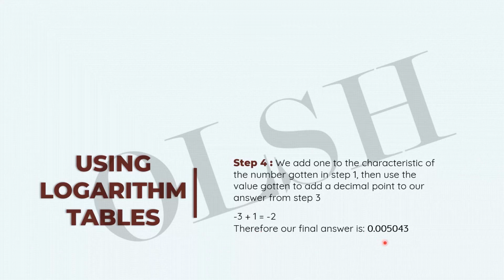Note that from the tables, the values we get have the decimal point before the digits. So because of that, we are moving our decimal place 2 steps to the left, because we have -2. Our decimal place was before 5, and we're moving it 2 steps to the left. So we're going to have 0.005043, because the decimal point moved 2 places, 1, 2.